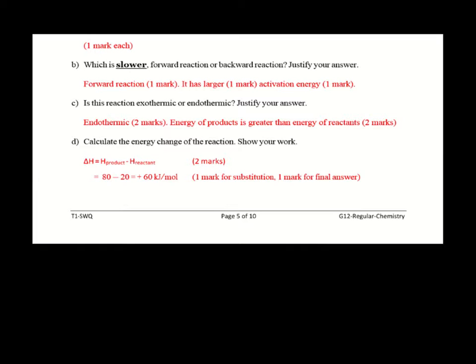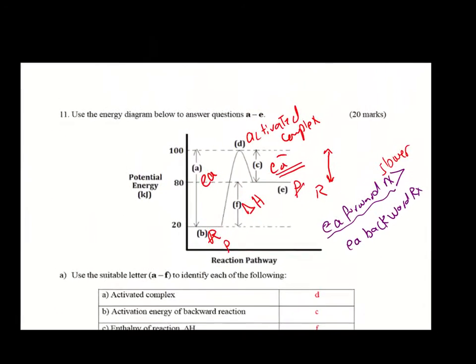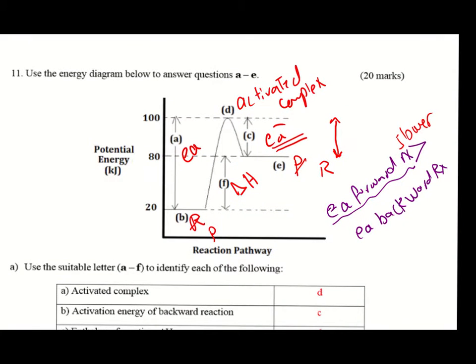Calculate the energy change for the forward reaction, going back to the graph. The enthalpy change of the forward reaction is the distance between reactant and the product. So now you need to calculate this value.